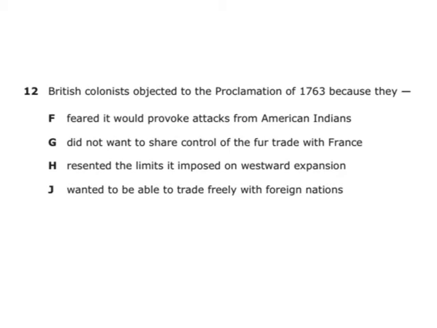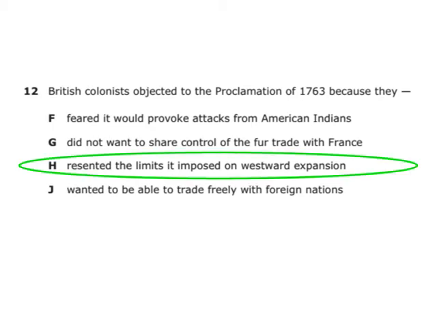British colonists objected to the Proclamation of 1763 because they resented the limits it imposed on westward expansion. Remember, I said the Proclamation of 1763 came after the French and Indian War.